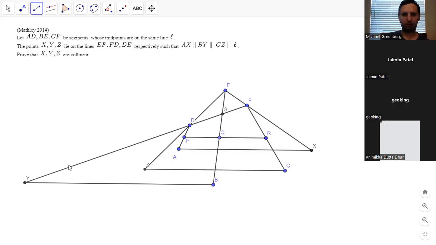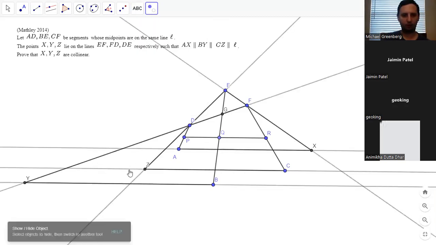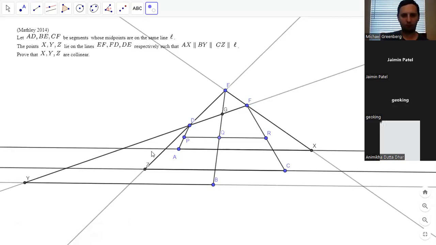I feel like I want to extend some of these parallel lines. Let me draw the whole parallel lines. I feel like it could be helpful.